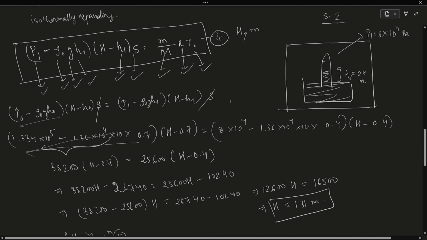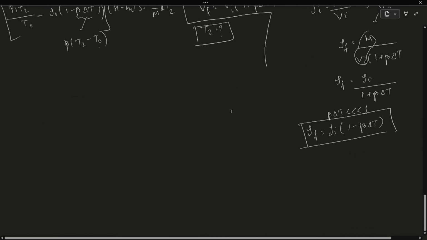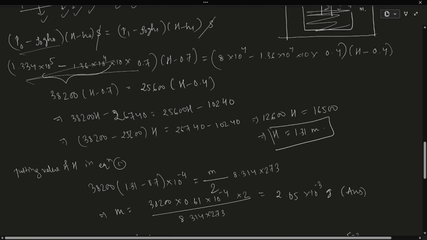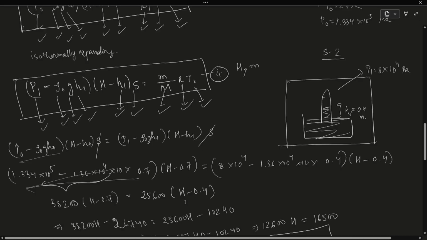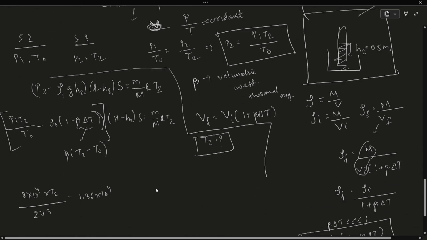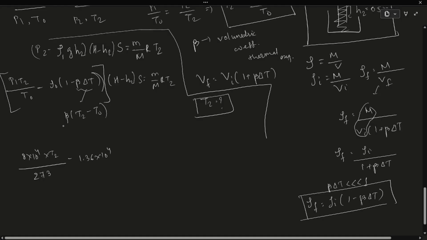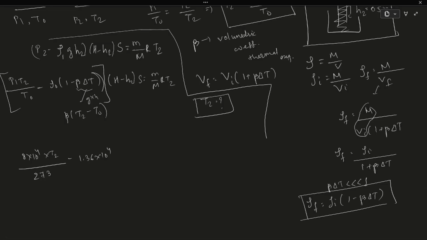P1's value is 8 into 10 to the power 4 Pascal, right? So 8 into 10 to the power 4 into T2 divided by T naught, which is 273, minus rho naught, which is 1.36 into 10 to the power 4. Then g into H2.